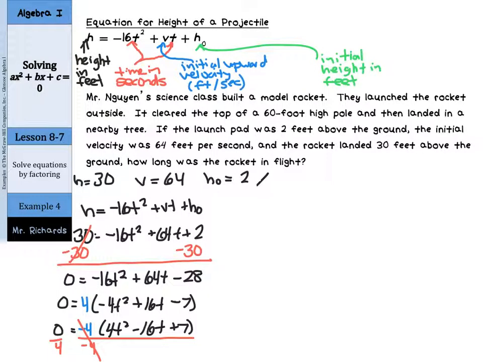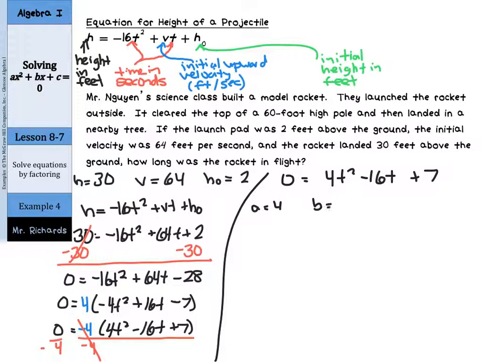So that leaves us now with the equation 0 divided by negative 4 is still 0 equals the 4t squared minus 16t plus 7. And now this is what we can factor. We have our a is 4, our b is negative 16, and our c is equal to 7.